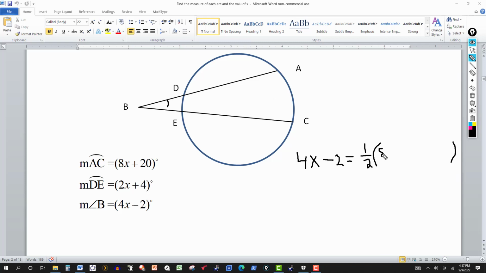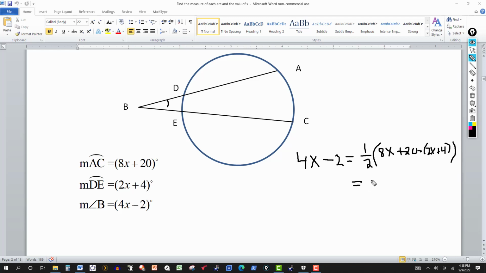So this would be 8x plus 20, and then it's minus the smaller arc. This would be, in this case, DE, the measure. So that would be 2x plus 4.